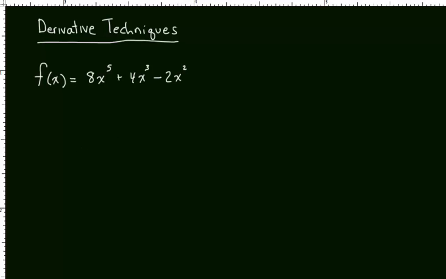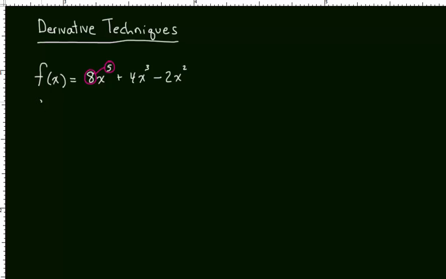Now, many people know these techniques already. They don't need this lesson to figure out this thing called the power rule, and you might already know it, but what we do is we take the exponent and we multiply it to the leading coefficient, and that becomes the new coefficient. And then we reduce the exponent by 1.